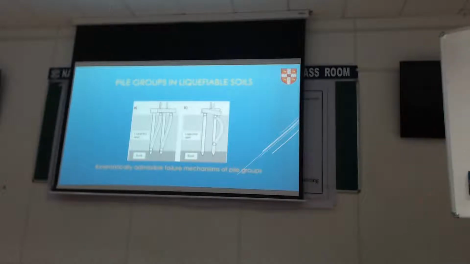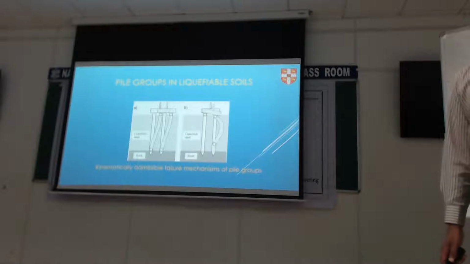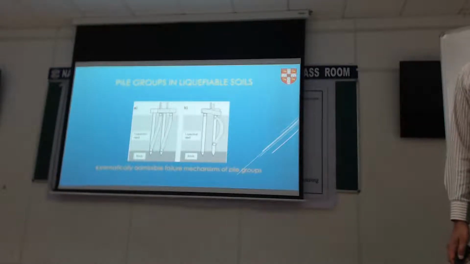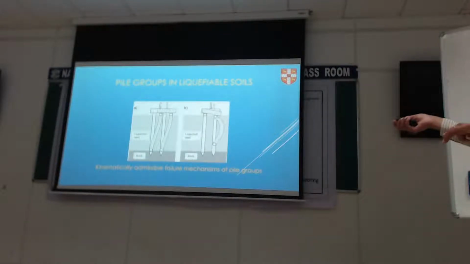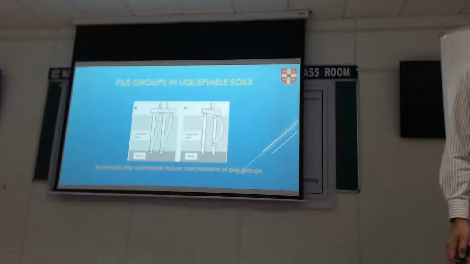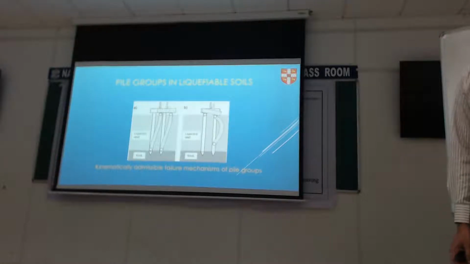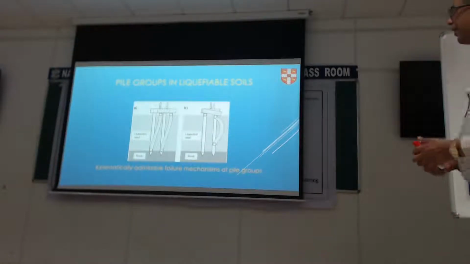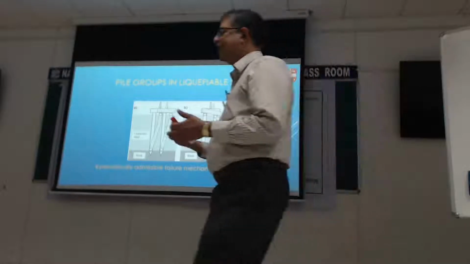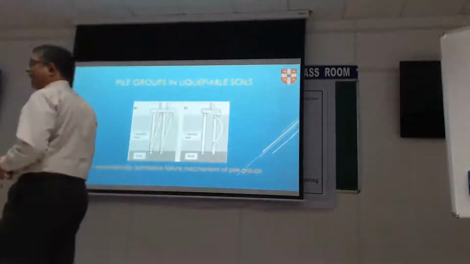And Andrew Bolton's expressions can come in handy. The other possibility is I may only need 3 hinges if I allow the rotation of my pile cap. So then I can have 1 hinge there, 1 hinge there, and 1 hinge there, and I don't need 1 here. So these are some of the kinematically admissible mechanisms.